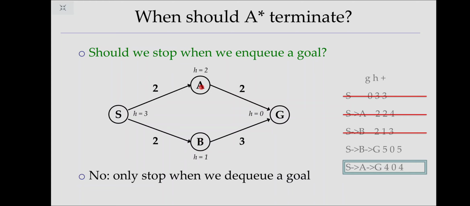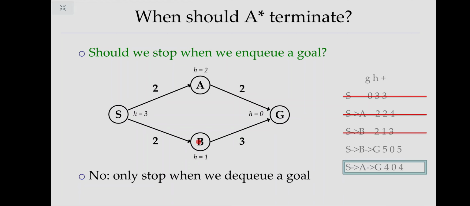For neighbor A, the G, H, and F are 2, 2, and 4. And for B, the cost of G is 2, the heuristic is 1, and its summation is 3. 3 is better to continue.